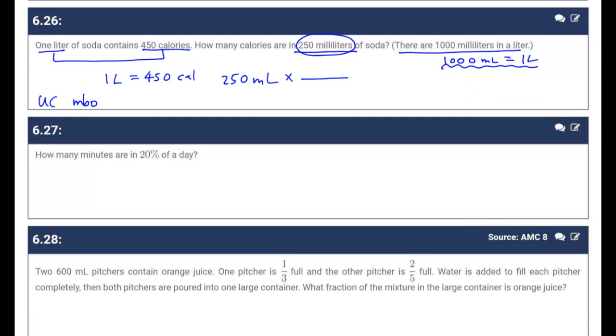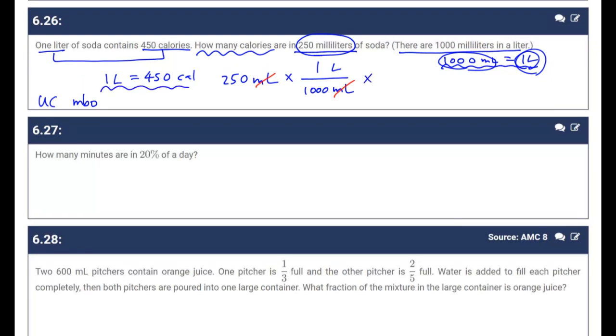And they said 1 liter equals 1000 milliliter. I'm going to put milliliter on the bottom. Why? So that these units can reduce later, okay? And I'm going to put liter on the top. And they said 1 liter equals 1000 milliliter. Now, my final destination should be how many calories. So we should be finding the calories, right? Well, we're going to use this conversion factor this time.